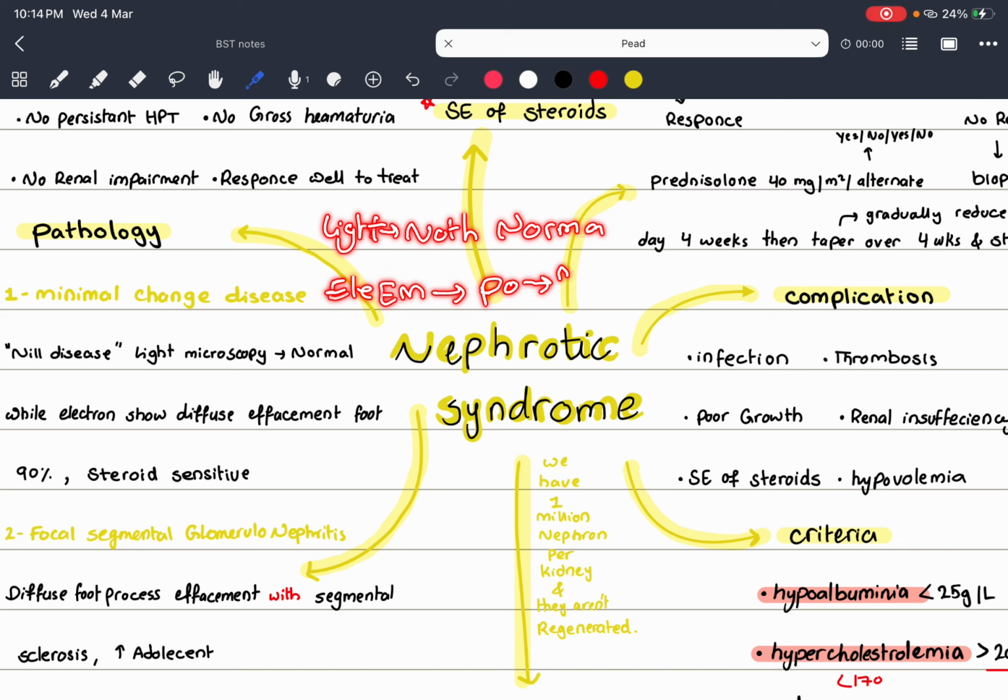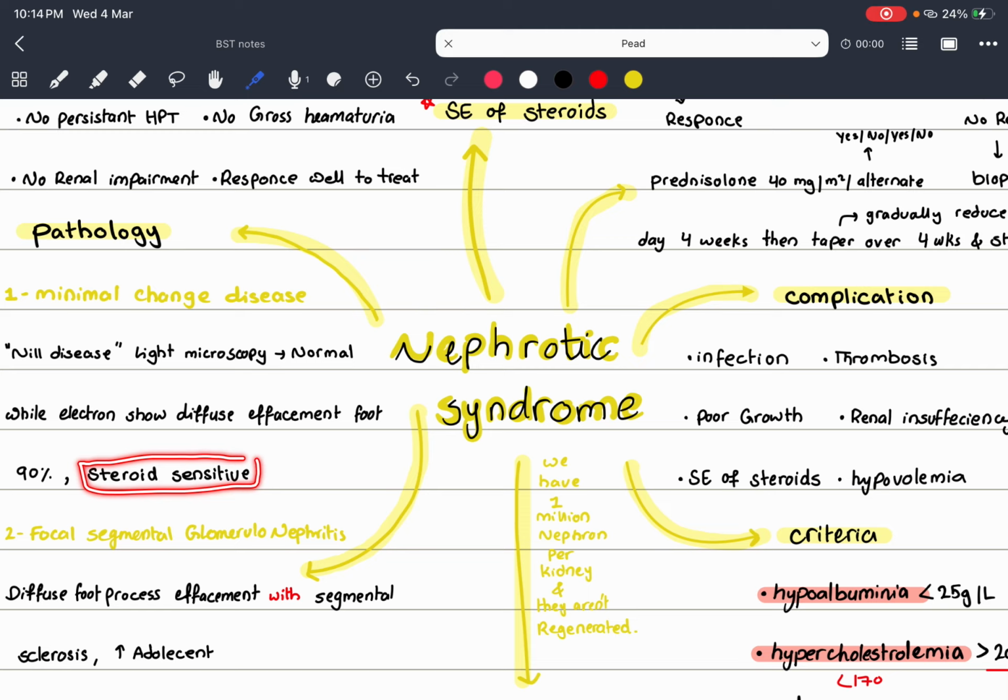We call it effacement, showing diffuse effacement of the foot processes. That's why we call it nil disease, and it's steroid sensitive. We don't do any biopsy here. Keep in mind, we just treat with steroids. Once he responds to steroids, we confirm the diagnosis, but we don't do a biopsy.